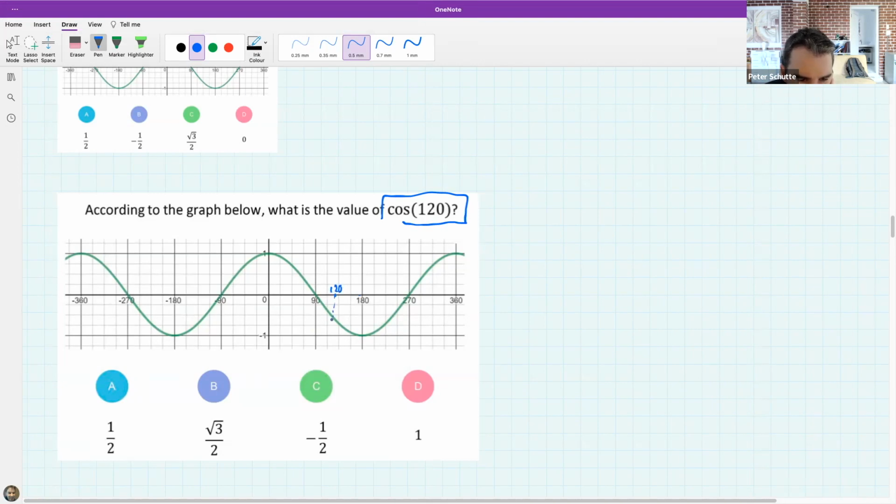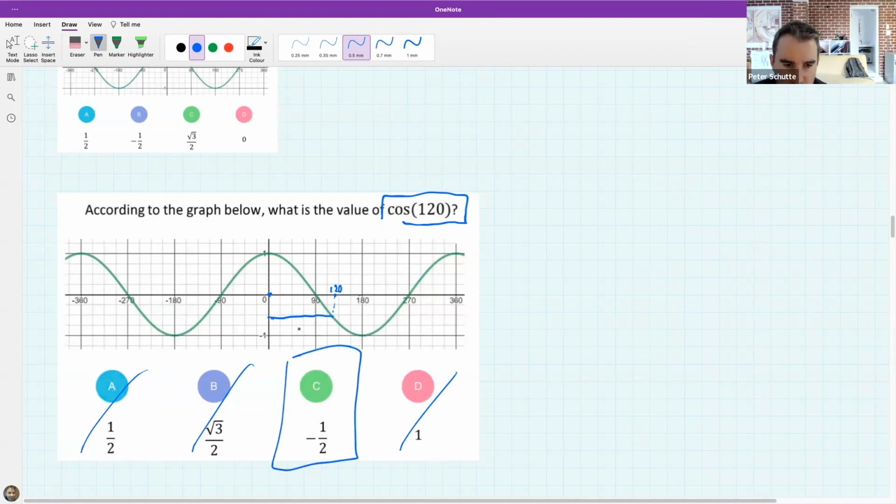Now, I want to know what y value is going to be there. And so what I can see is it has to be negative. Like if it was above here, it would be positive, but it has to be negative. These are all positive. And so because these are all positive, this one has to be the right answer, which is that one over there.